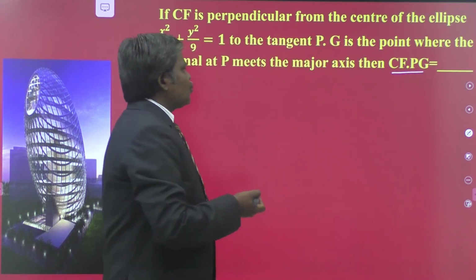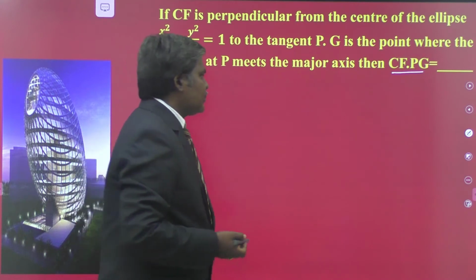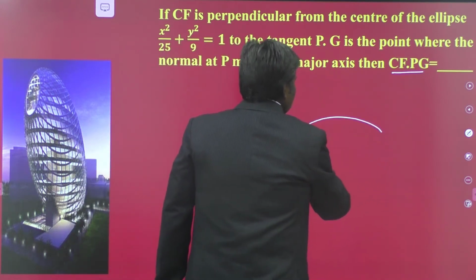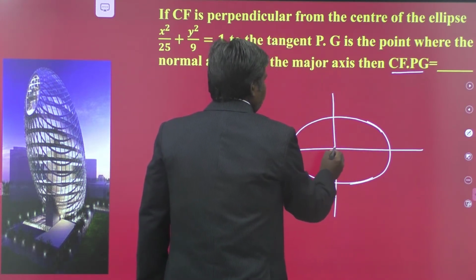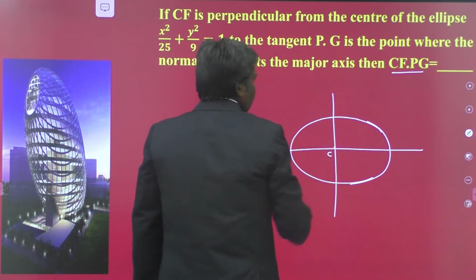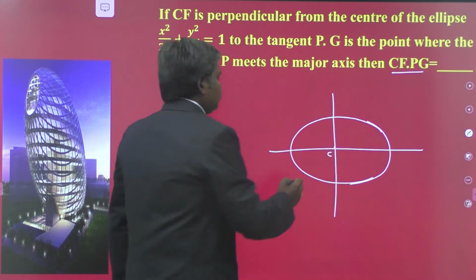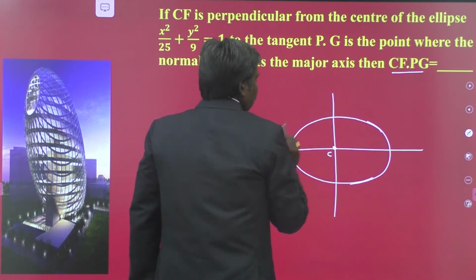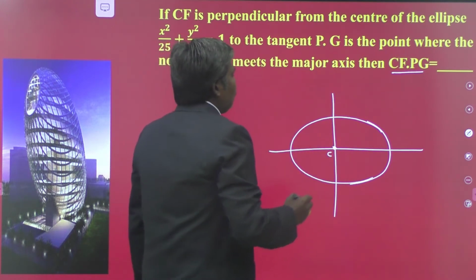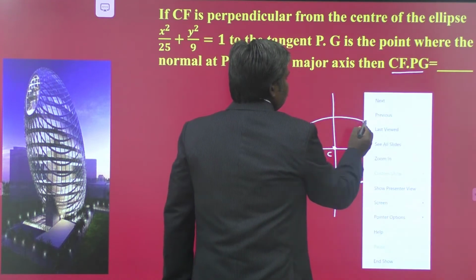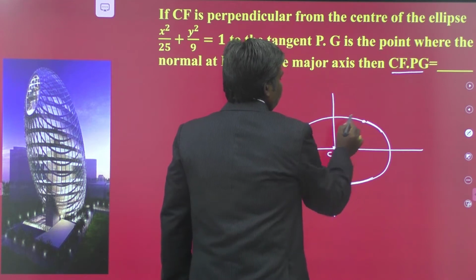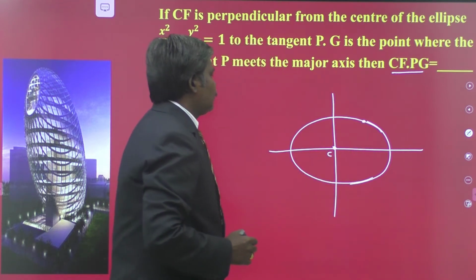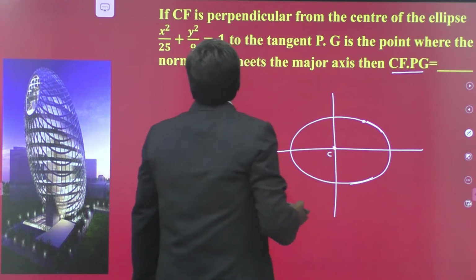So to understand this question, we have to draw the figure first of all. This is the ellipse. These are the axes of the ellipse. Its center is C. This is your center C. Okay. Now let P be any point on the ellipse. What you have to write?